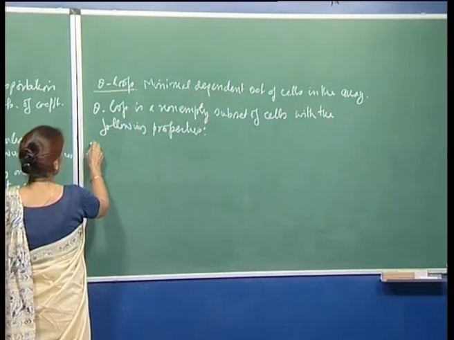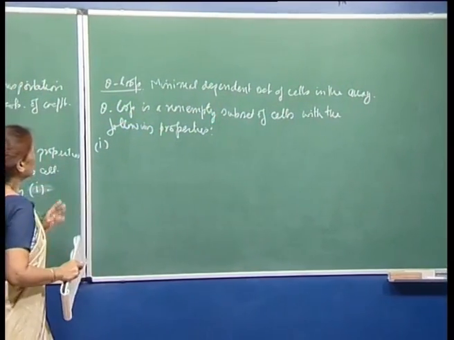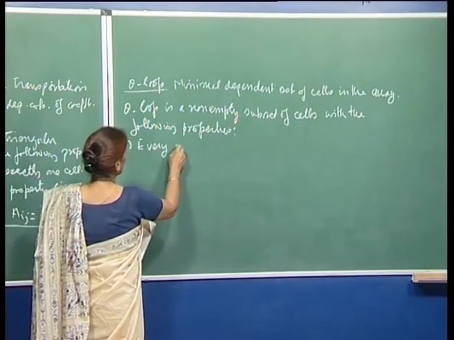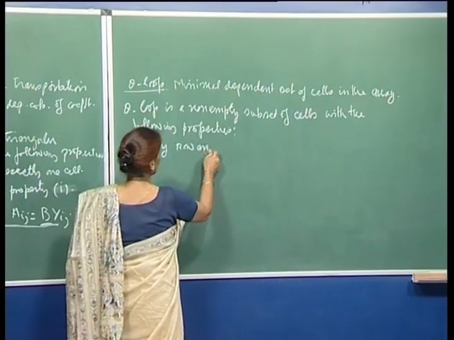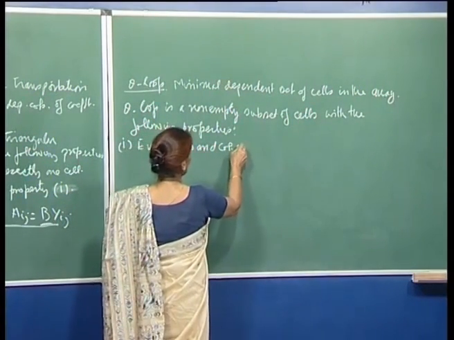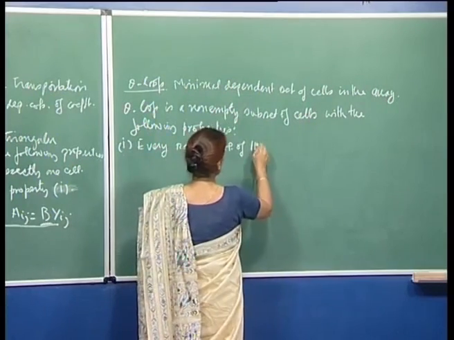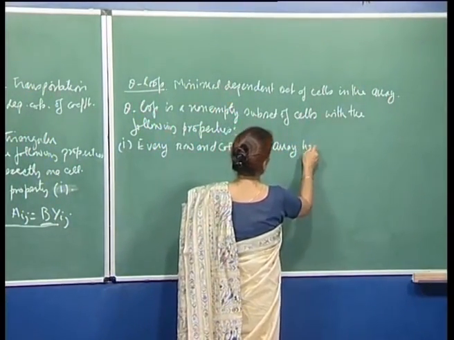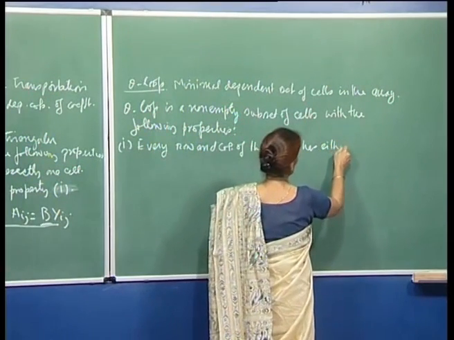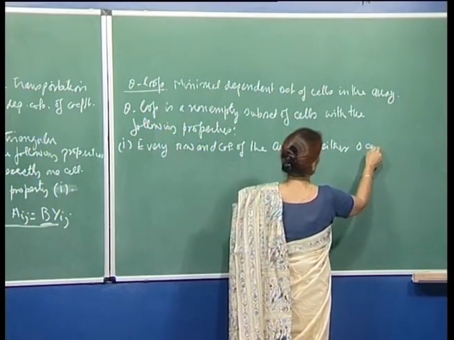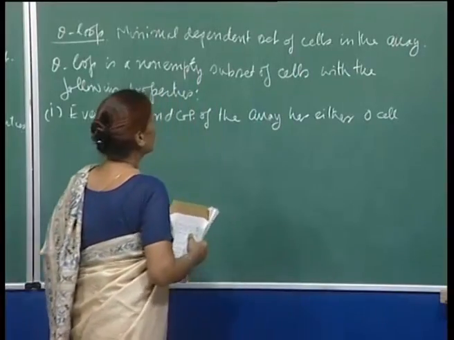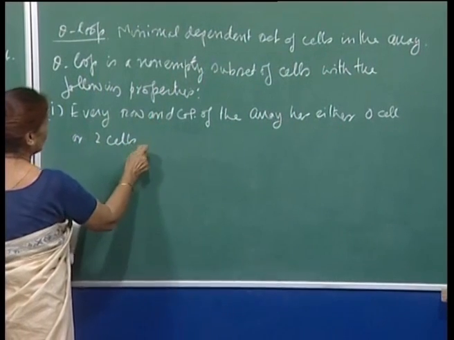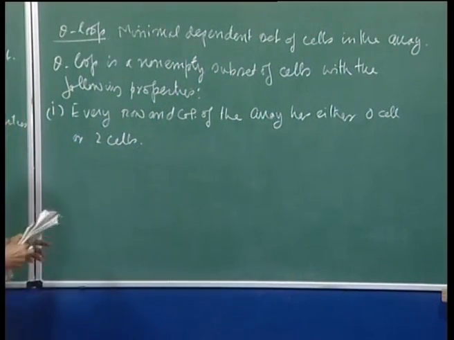Okay. The first property says that every row and column of the array has either 0 cells or 2 cells from this theta loop, right.